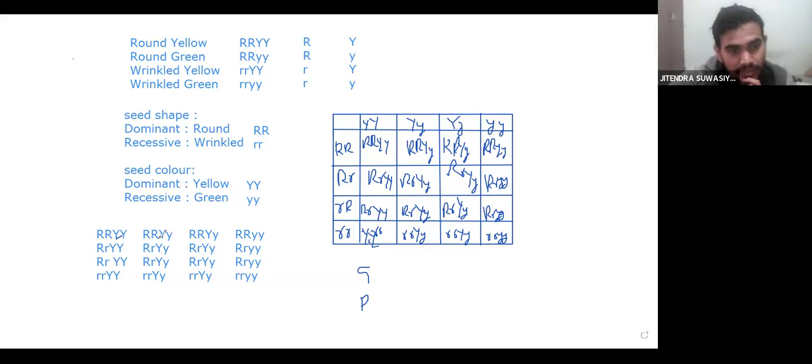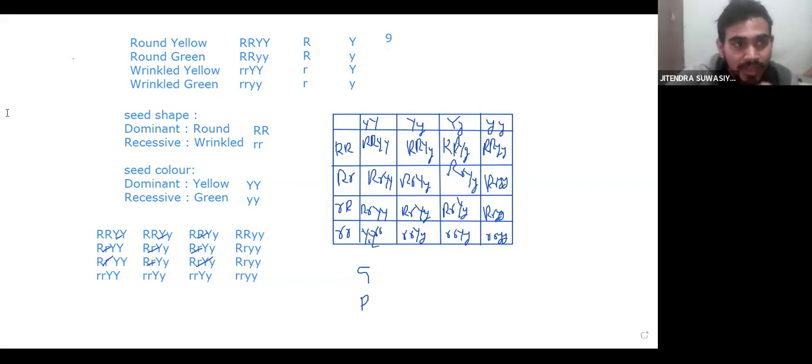This one is round yellow. This one is round yellow. This one is round but not yellow. Then again, this one is round yellow, round yellow. This one is round but not yellow. This one is round yellow, round yellow, round yellow. So 1, 2, 3, 4, 5, 6, 7, 8, 9. So how many round yellow have we found? We have found 9. Okay.